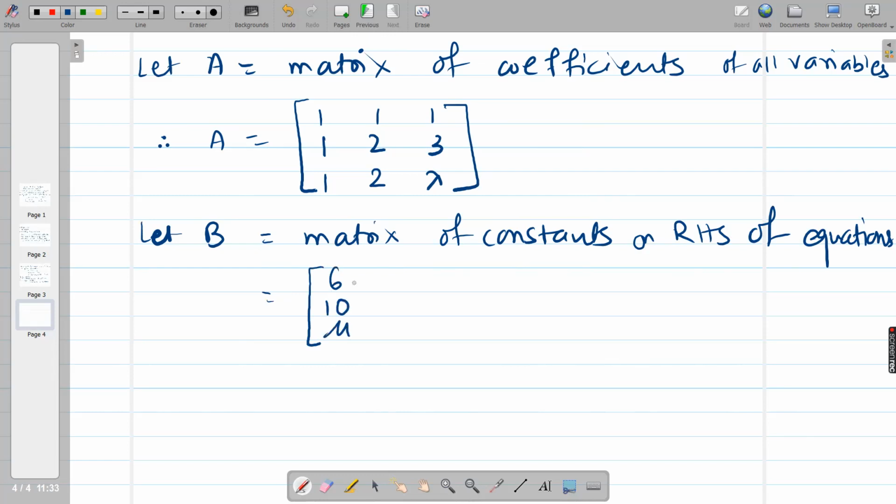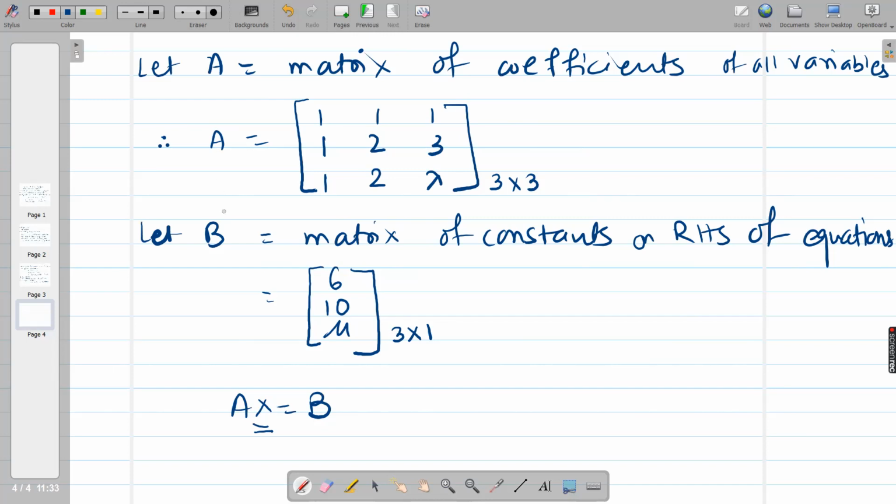We are going to form a column matrix for this. The order of matrix A is 3 cross 3, the order of matrix B is 3 cross 1, and in 12th standard you must have seen we used to write this as AX equal to B. But now, as you are in the first year, we are not going to use this X, which is the matrix of variables.